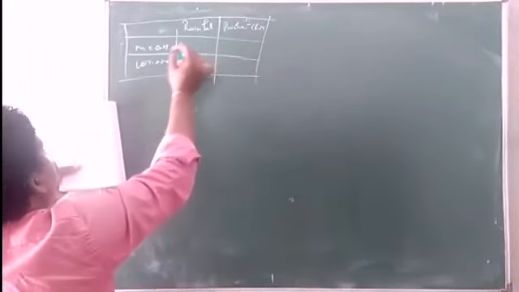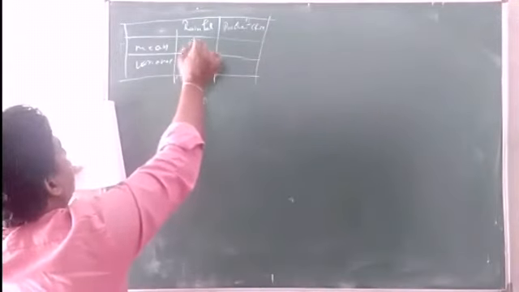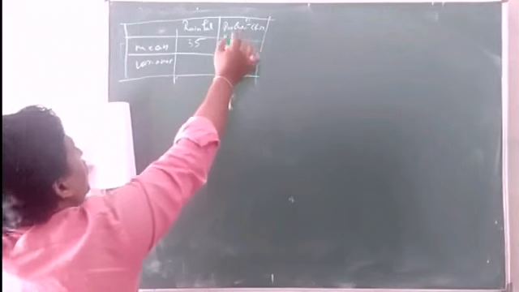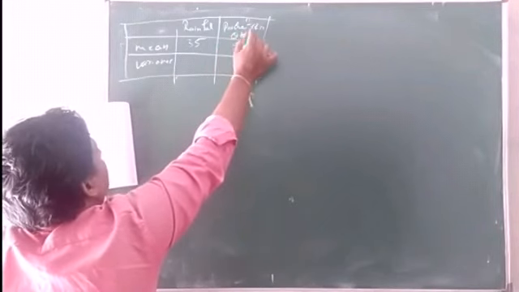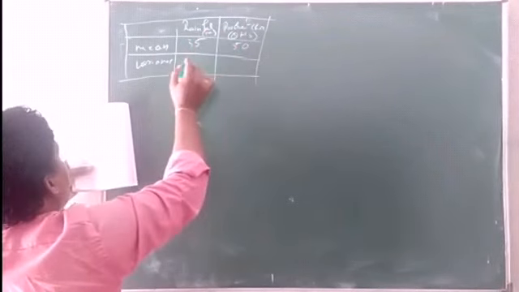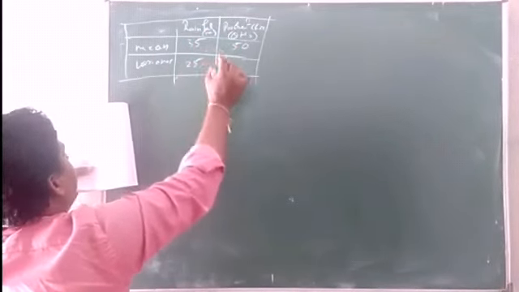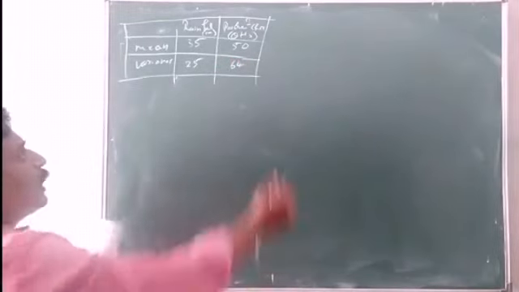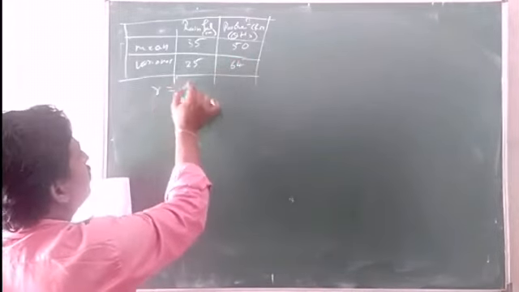So the mean of rainfall is 35 and the mean of production of rice is 50, in quintals, and rainfall in centimeters. Variance is 25 and 64 for production. And correlation r is equal to 0.8.